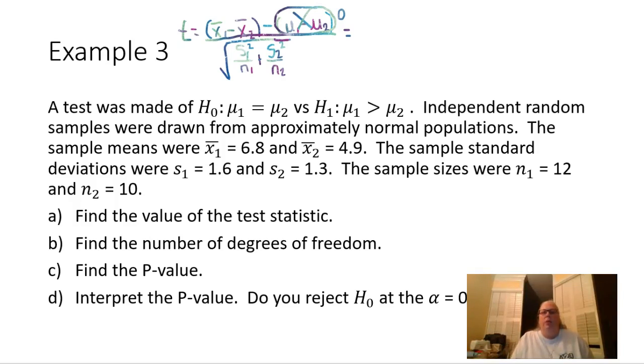So we're going to have 6.8 minus 4.9 in the numerator. And in the denominator, we will have 1.6 squared divided by 12 plus 1.3 squared divided by 10, and then we square root that.